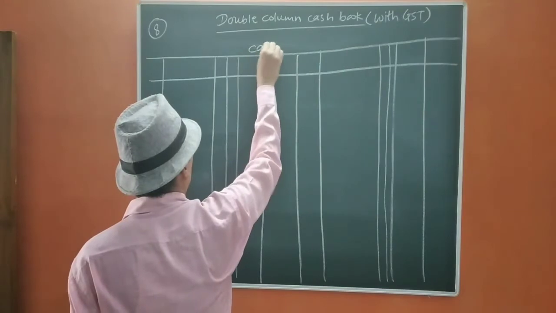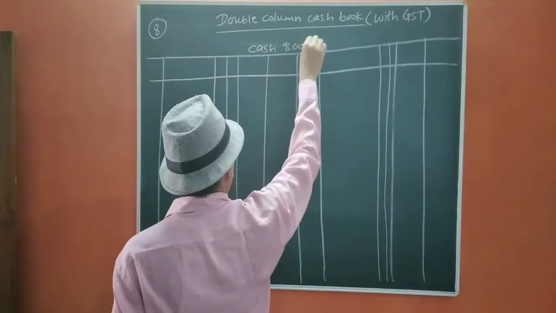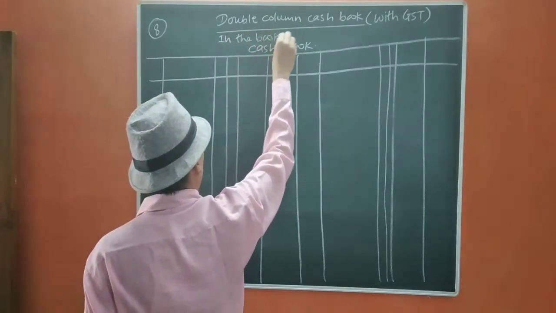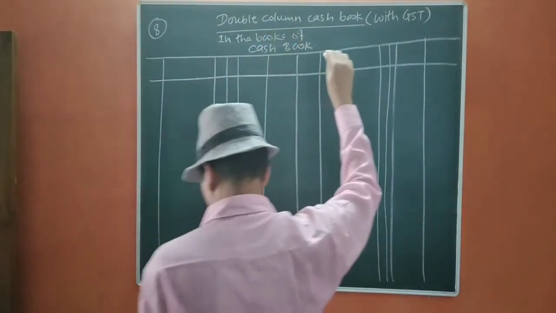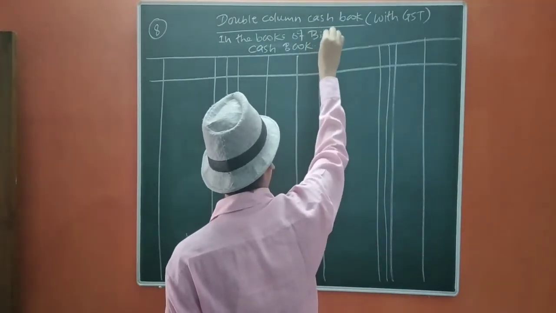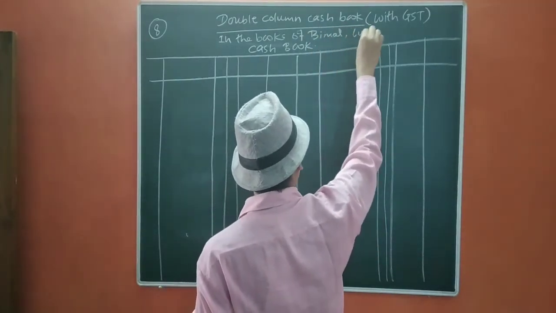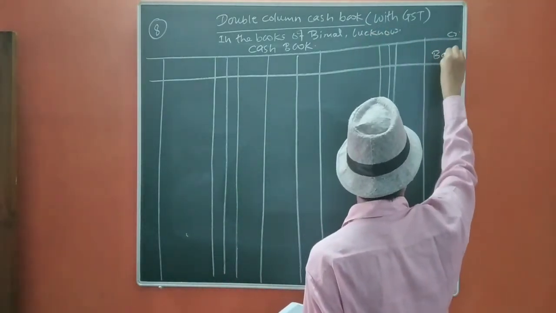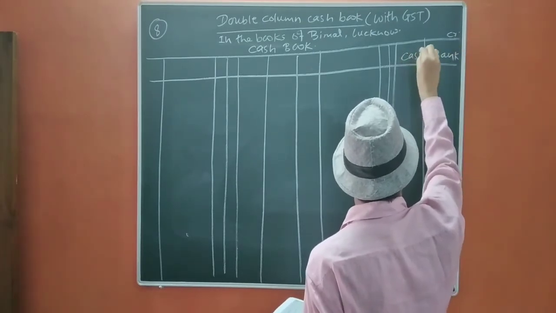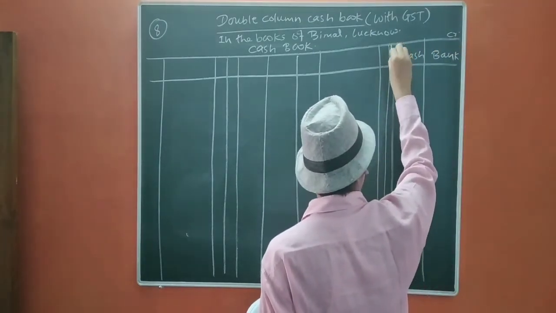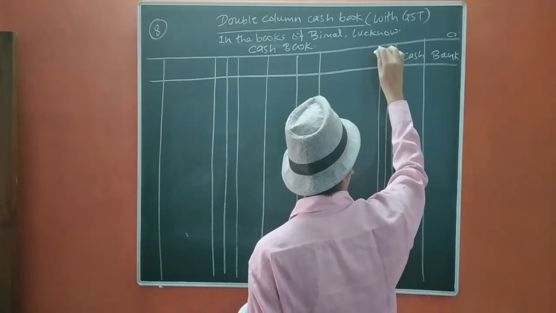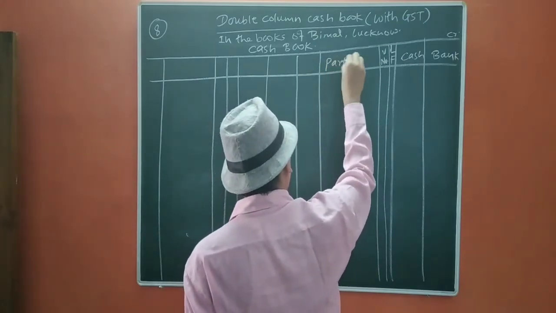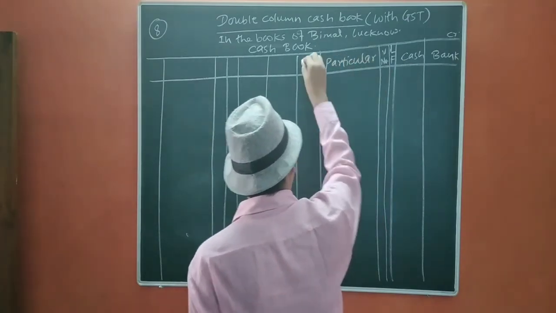Okay, so cash book in the books of Biman, Lucknow. This is credit, bank, cash, ledger folio, voucher number, particulars, date.